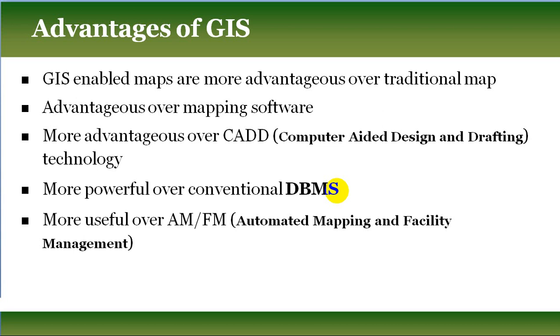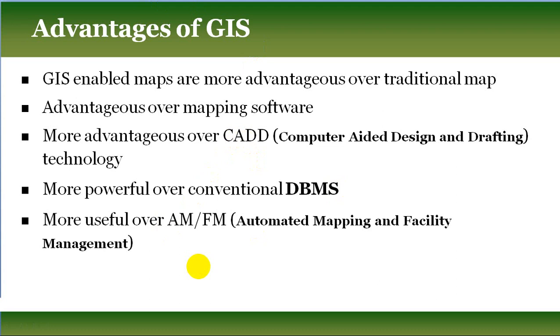GIS is also more useful than automated mapping and facility management technology. AMFM is one older technology, automated mapping and facility management. I'm not going to discuss AMFM and CAD elaborately here, because in the next slide I will discuss them much more elaborately.